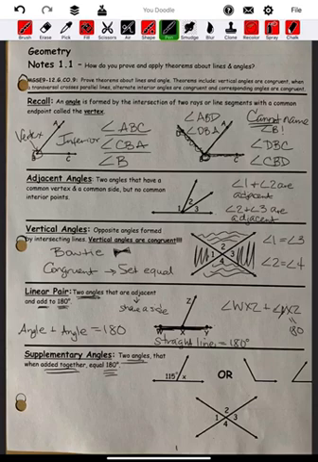The first box you can fill out on your Google slide, you would say not a bow tie, meaning the two angles are not the same measurement. Again, just like a linear pair, angle plus angle is going to equal 180.